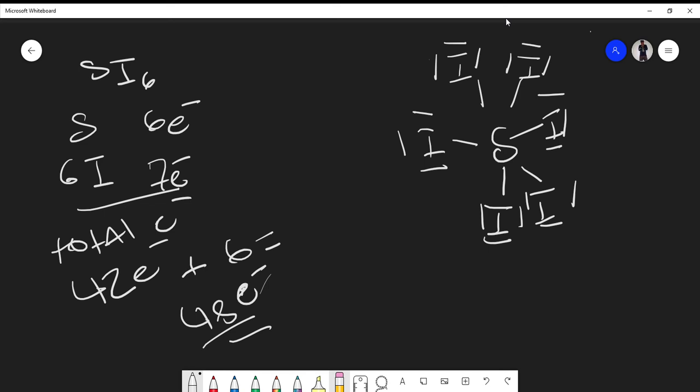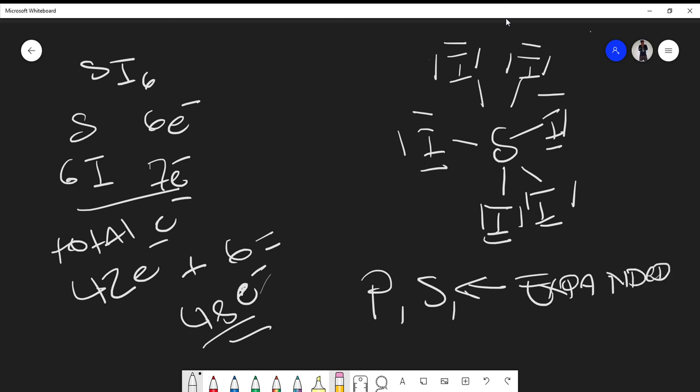The other exceptions that you must know are phosphorus and sulfur. These are what we sometimes consider expanded octet. They do not have to satisfy the octet rule, meaning they could have more than 8 electrons total around them.